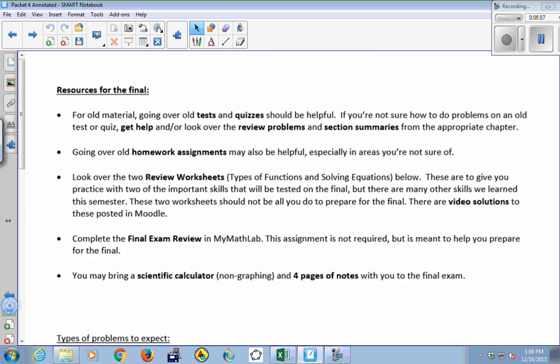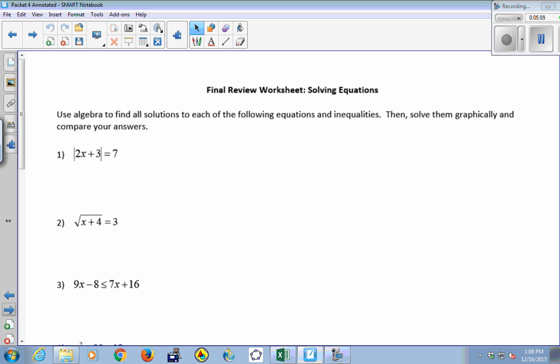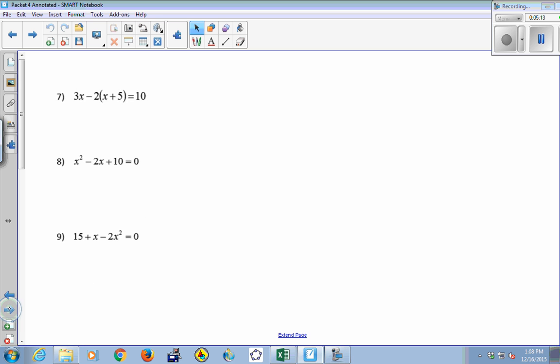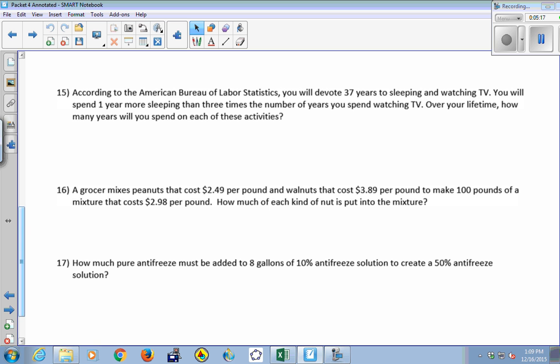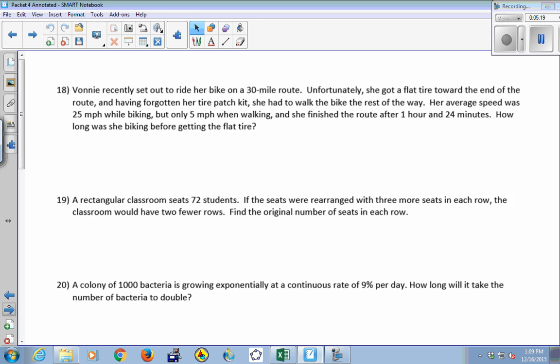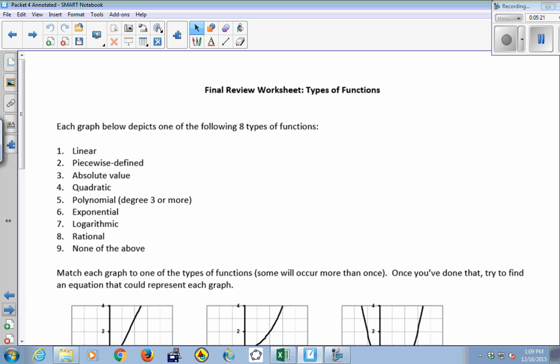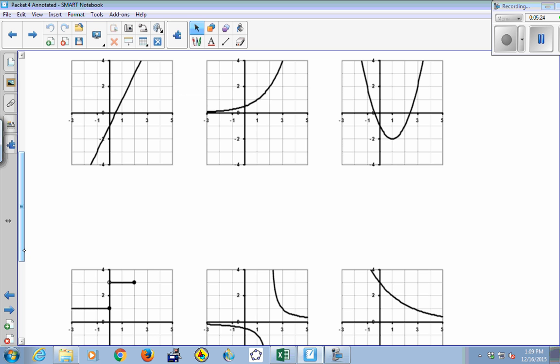And then we have the final review worksheets. We have a bunch of practice equations to solve. And within the practice equations, there's a bunch of word problems, so you can practice with some word problems. And then after that, we have some pictures, some graphs, and you have to classify the function type and also come up with an equation. And then the answers to these follow.